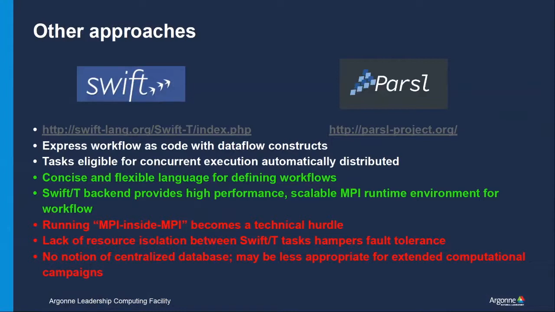But one of the biggest challenges here is when you have a large number of MPI jobs that you want to run within an ensemble, and there are a lot of issues with doing MPI inside MPI, because there's some development overhead to get one application working and exposing an entry point with a communicator, subcommunicator that it can run under and so on. And again, this is coupling things together, which comes at the cost of reduced fault tolerance.